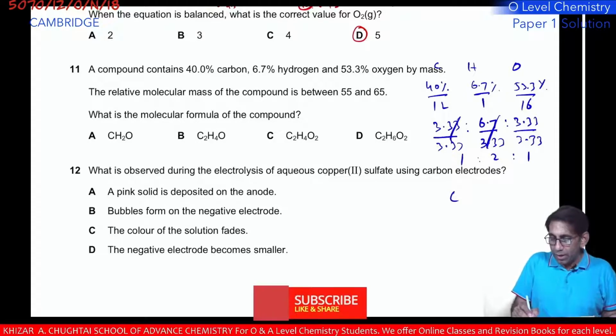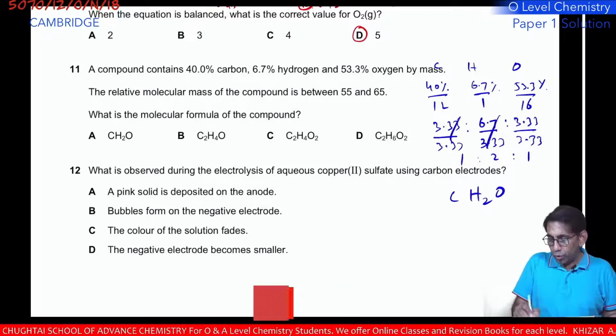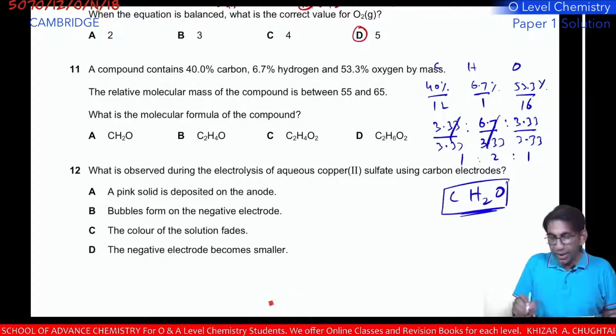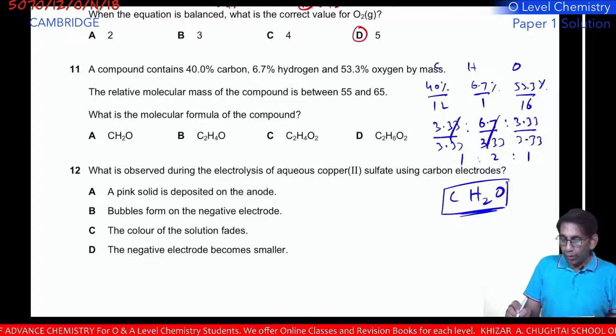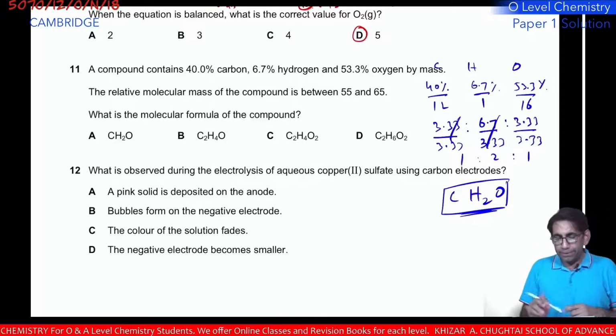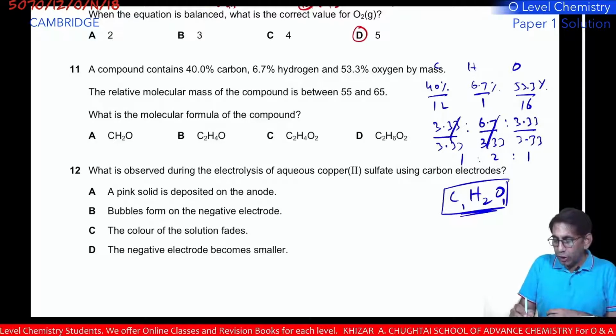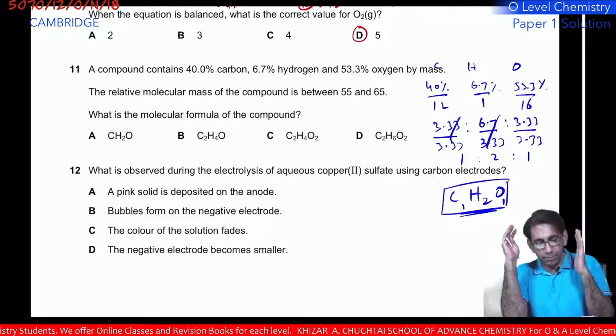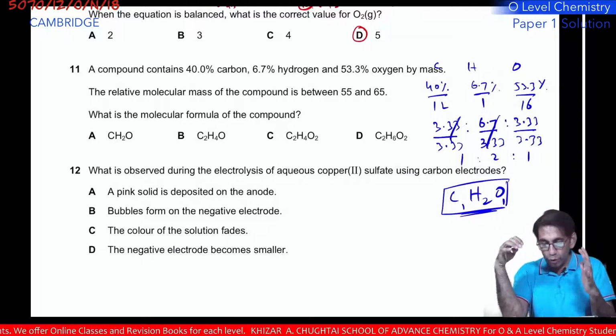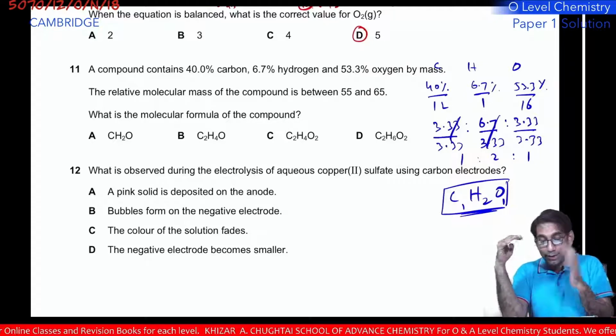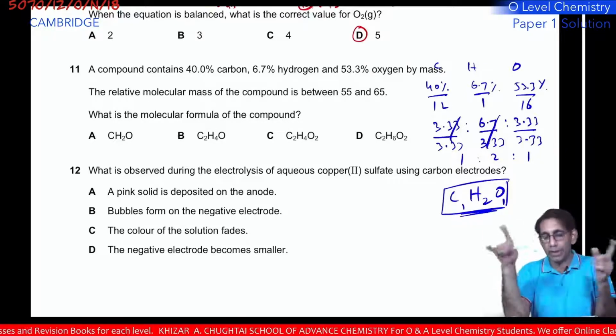So CH2O. Basically, the formula shows that carbon and oxygen are in the same whole number ratio, and hydrogen is double the rest of the ratios.